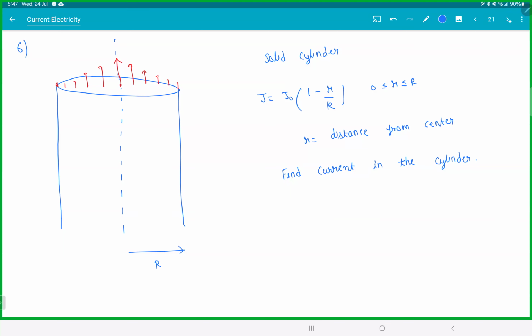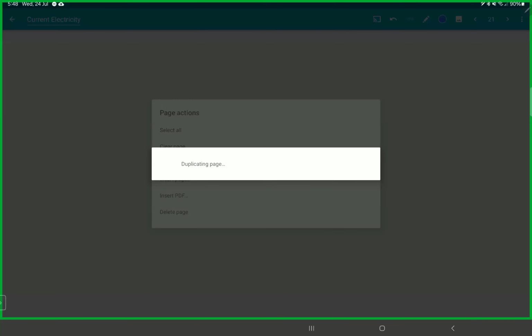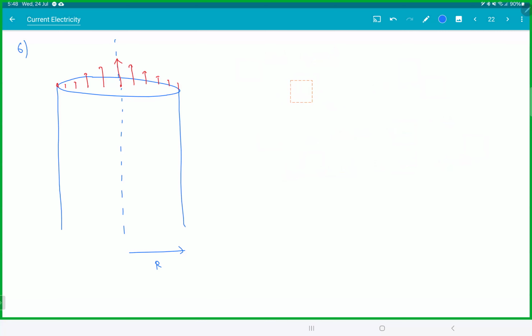Okay. Yeah, right, Ishan. Most of you got it. Easy one. So what we do: at a distance r from center, take a thin strip because J is changing.